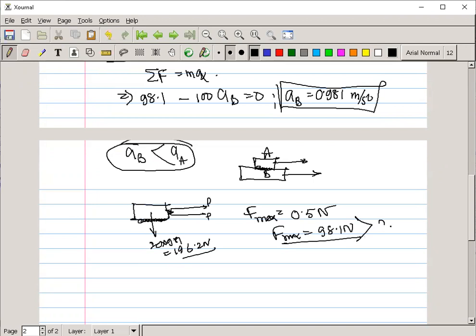But see, this value is higher than 2P, right? When P is equal to 40, it means 80, and obviously you know 98.1 is higher than 80.